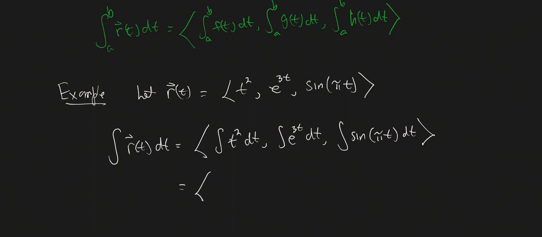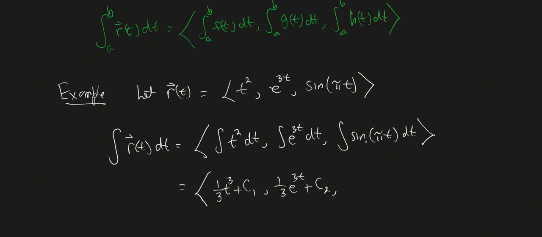The first component, using our power rule for antiderivatives, is 1/3 t cubed, and then it would have a c1. And then using our exponential rule here, this will be 1/3 e to the 3t plus c2, again, its own constant of integration.